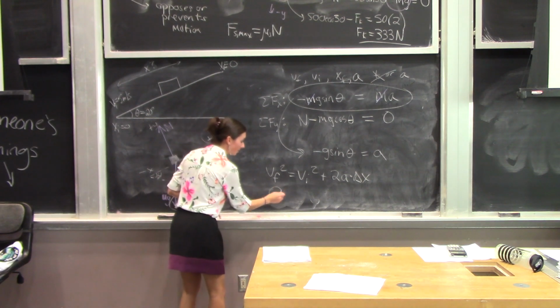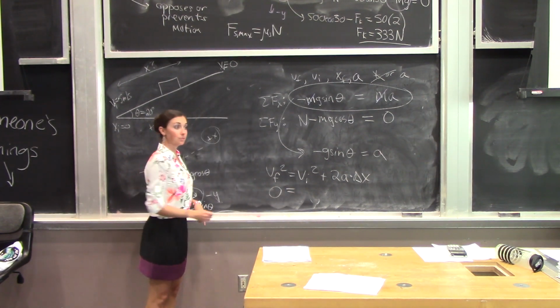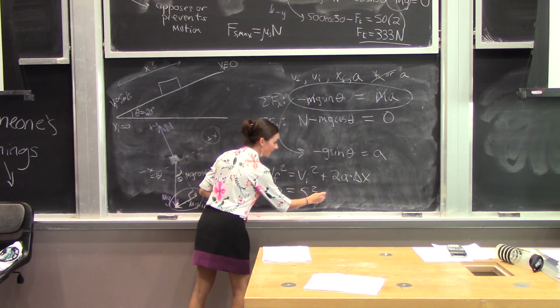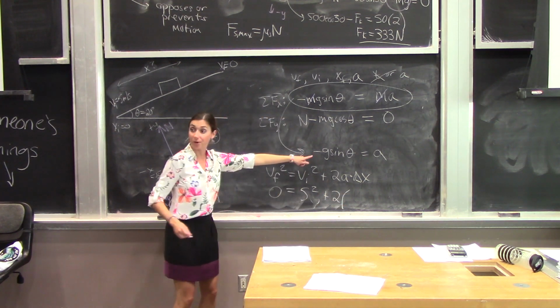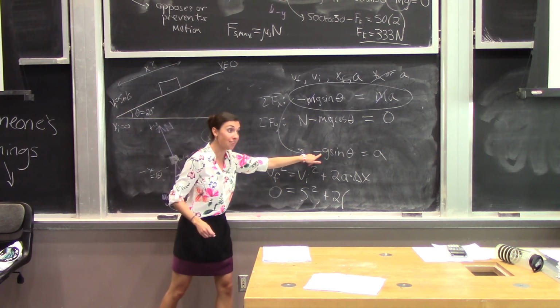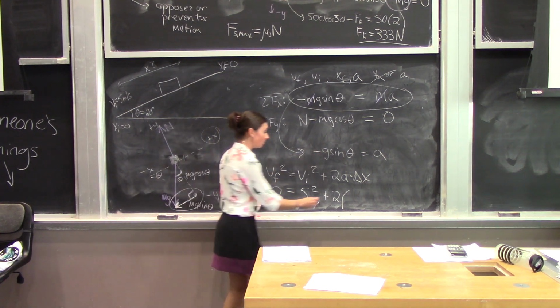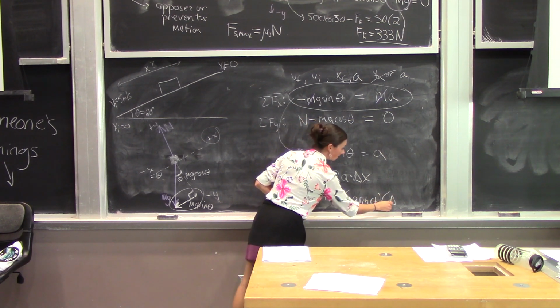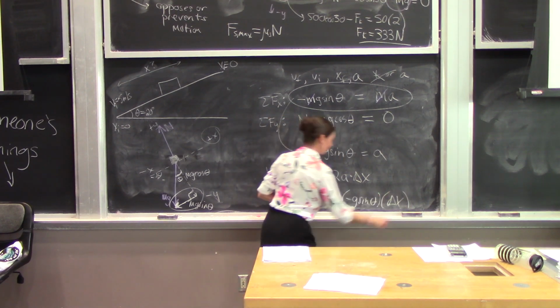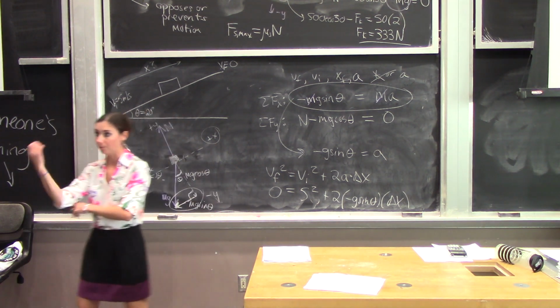We have to stop the object. We started it, we kicked it with a velocity of 5. We found with forces that its acceleration is a negative thing. So negative g sine theta times delta x. And then you can solve it from here.